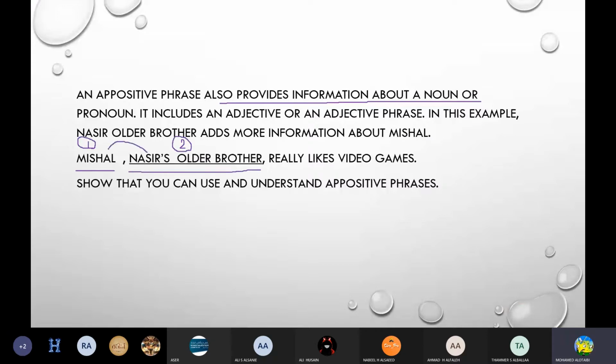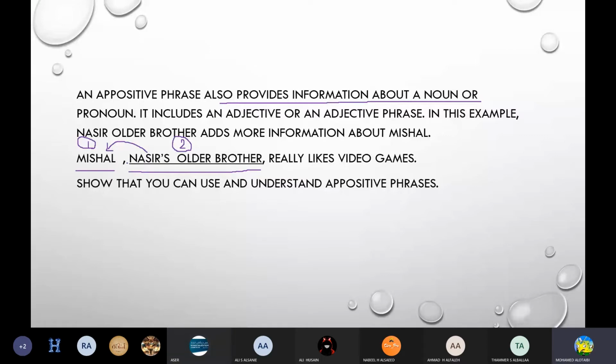Mish'al is the subject and he's the older brother of Nasser. Nasser's older brother modifies Mish'al, describing him as the older brother and telling what he really likes.